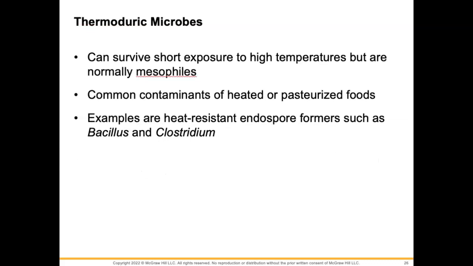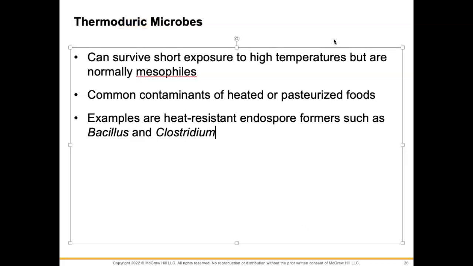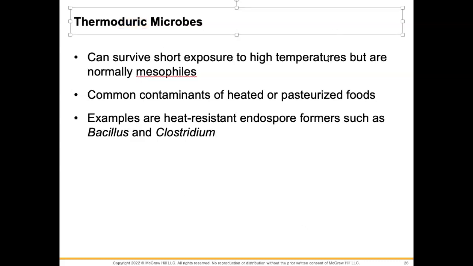Thermoduric microbes can survive short exposures, a short duration. Thermo meaning temperature or thermal heat, right? And then duric I think of as duration. So these guys can survive short durations of exposure to high temperatures, but are normally mesophiles.